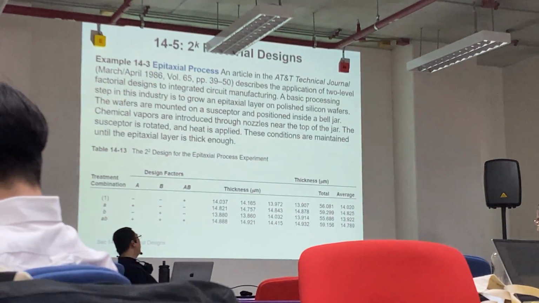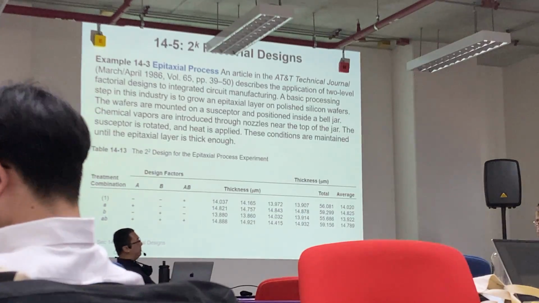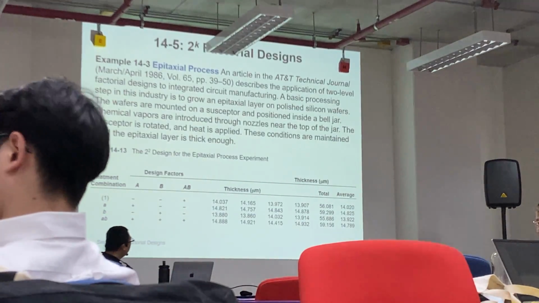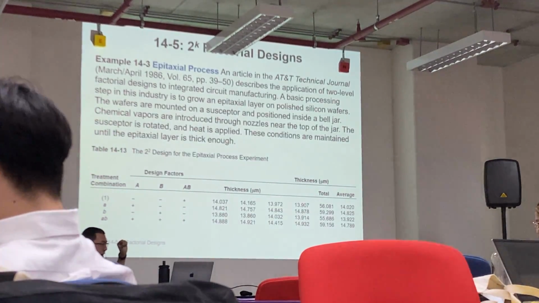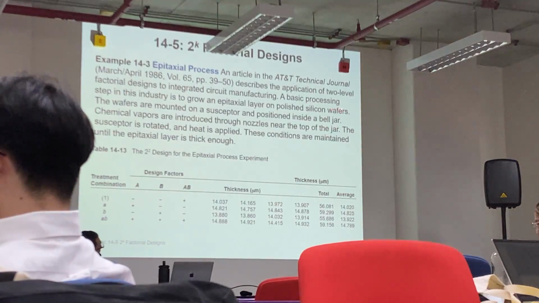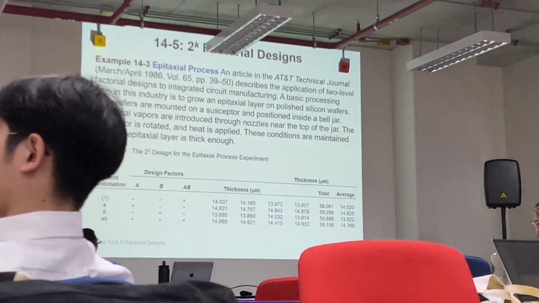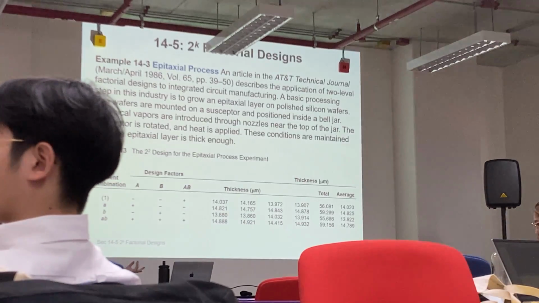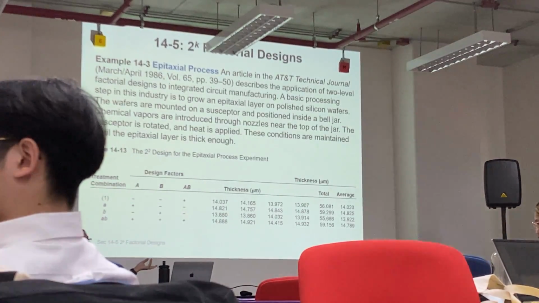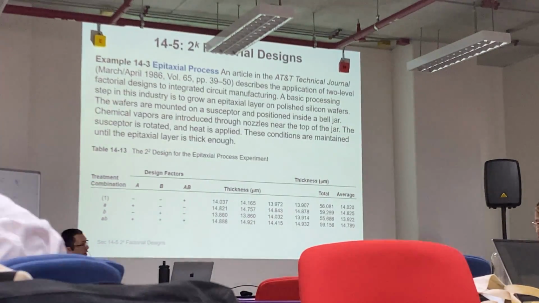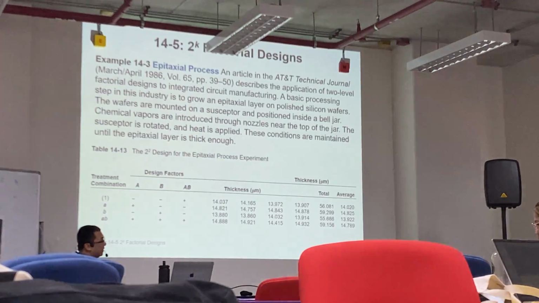You change B, thickness remains the same. So if you want a thick wafer, you set factor A to a high level. This is how people come up with a good setting for your process. Clear or unclear?